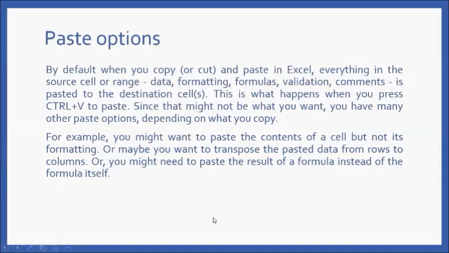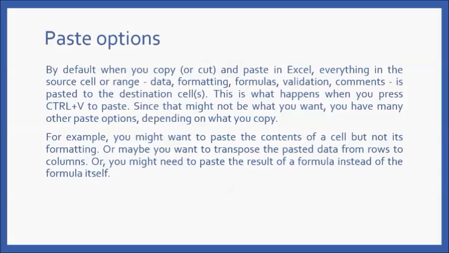So, paste options. By default, when you copy or cut and paste in Excel, everything in the source cell or range, like data, formatting, formulas, validation, comments, is pasted to the destination cell. This is what happens when you press Ctrl plus V to paste.